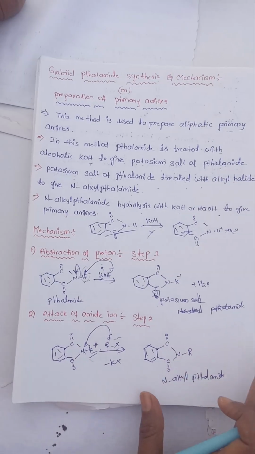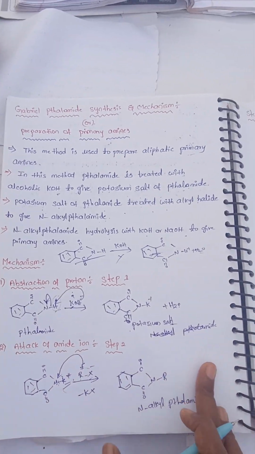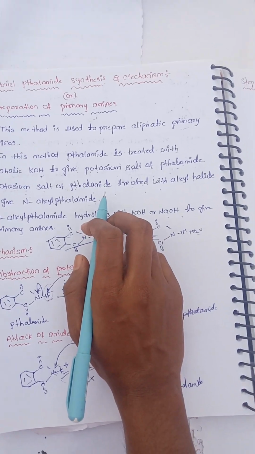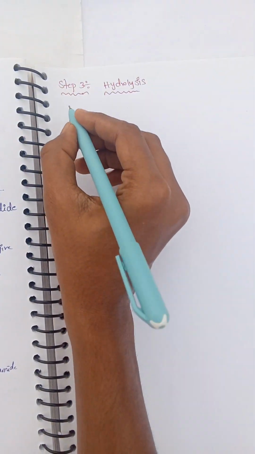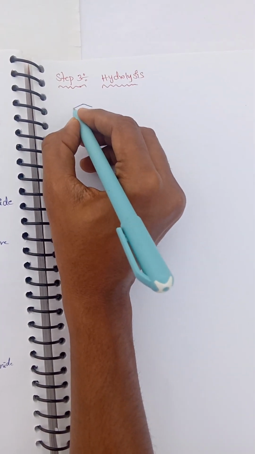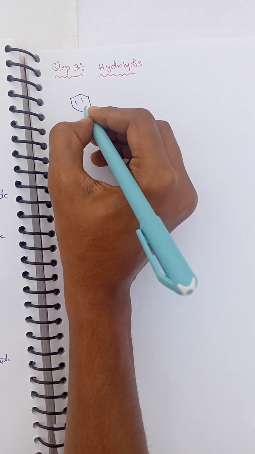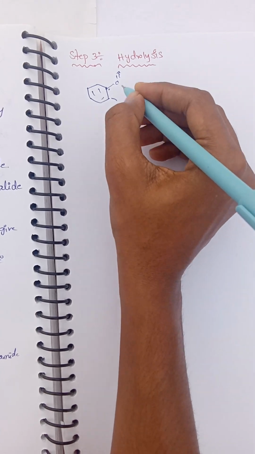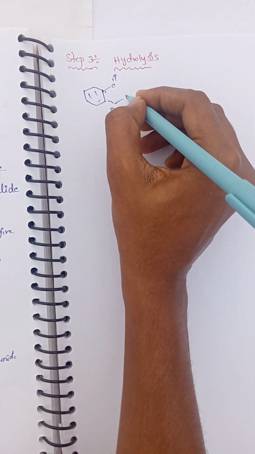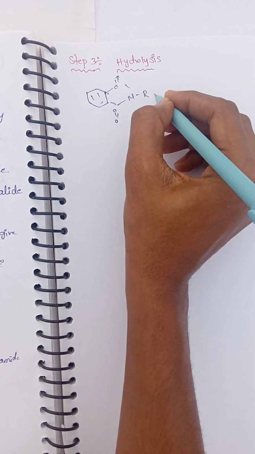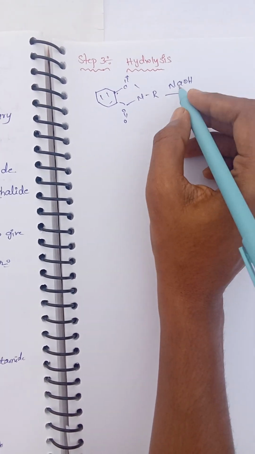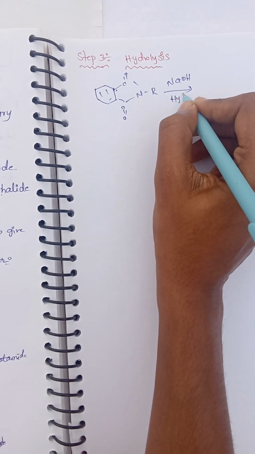This is the N-alkyl phthalimide from the second step, and the third step is hydrolysis of N-alkyl phthalimide with KOH or NaOH to give primary amines. It reacts with NaOH for hydrolysis.